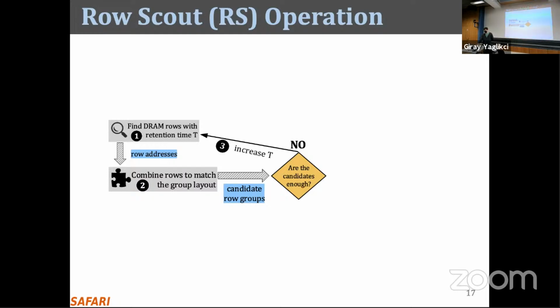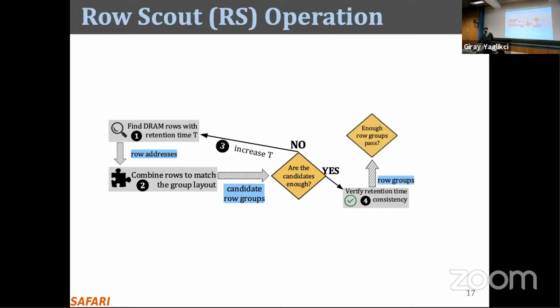If the candidate row groups are enough, Row Scout repeatedly profiles the retention time of the rows in the candidate row groups for many iterations. This is to verify that all rows in a row group have consistent retention times and do not experience variable retention time effects. Candidate row groups that have consistent retention times are output as row groups, and the rest of the candidate row groups are discarded.